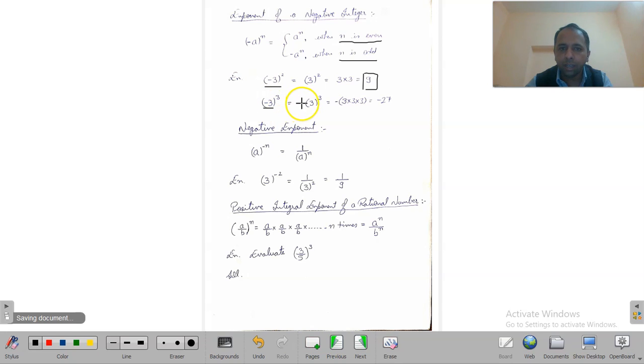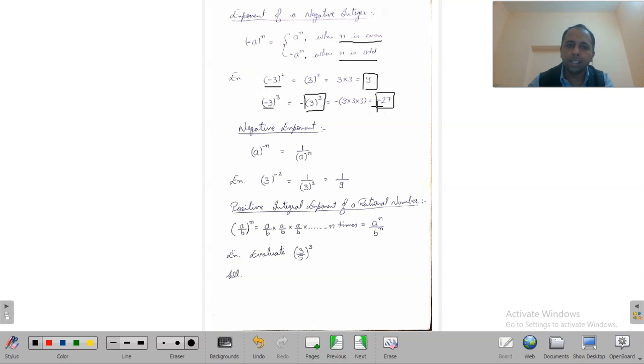The minus sign will come out of the bracket, and we will calculate the value of 3 to the power 3 and place a negative sign in front of it. So 3 multiplied by 3 multiplied by 3, that means we multiply 3 times. It will be 27, and we have a negative sign in front of this, so it will be minus 27.